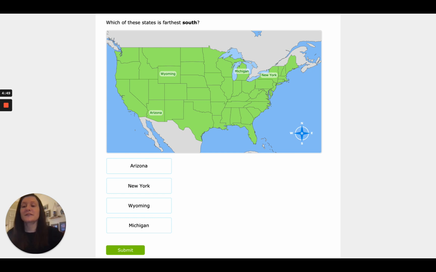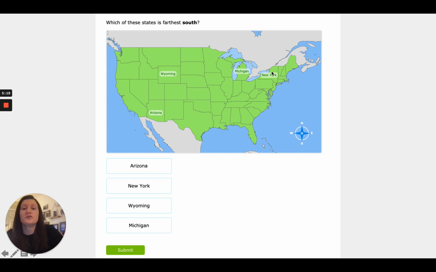All right, so let's look at some IXL examples here. The question is asking us, which of these states is farthest south? On IXL, they also give us our compass rose down here, our cardinal directions. So remember, south is at the bottom, so we want to look for which state is the farthest to the bottom.